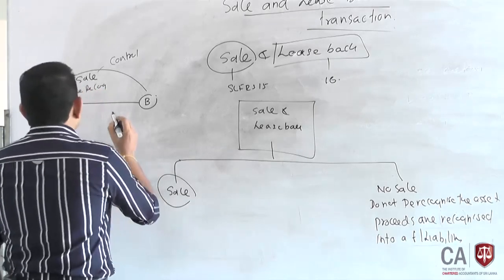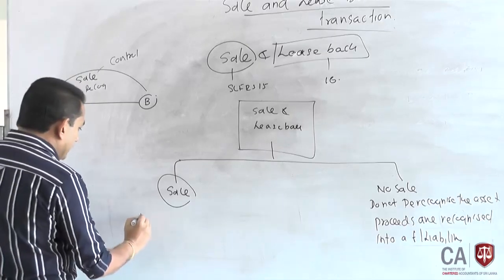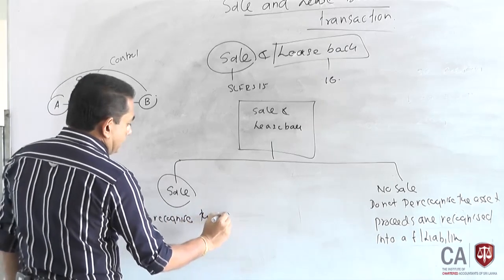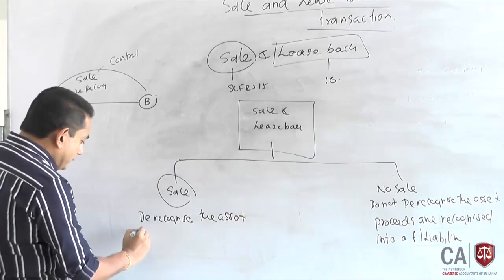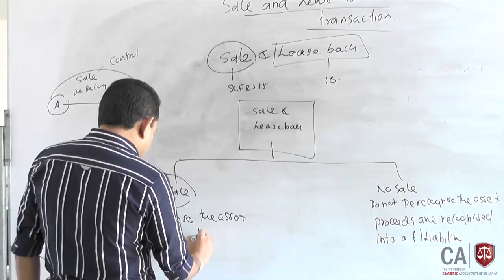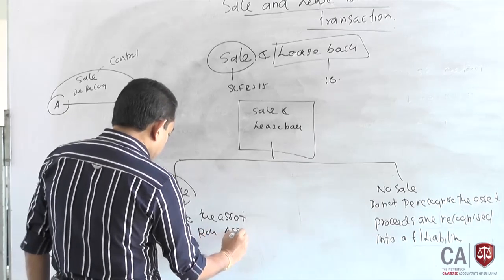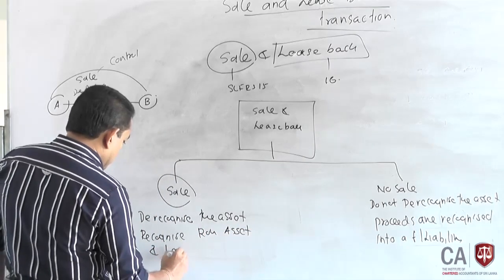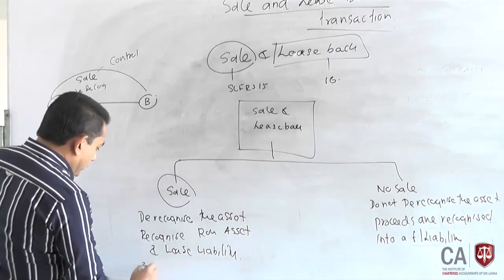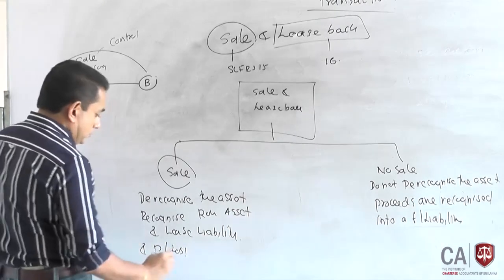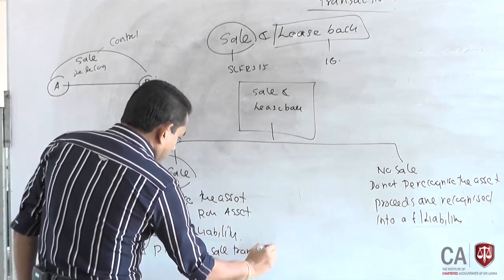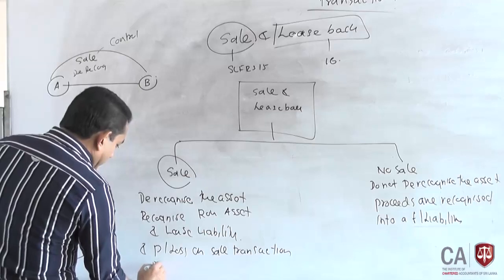The seller has to derecognize the asset, but recognize right of use asset and lease liability and profit or loss on sale transaction proportionately.